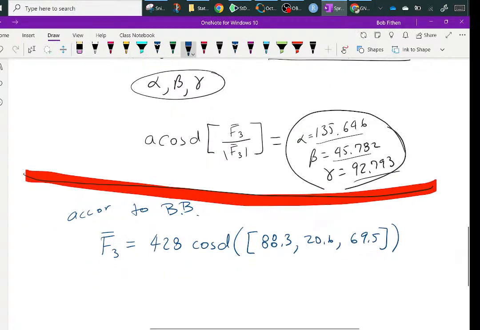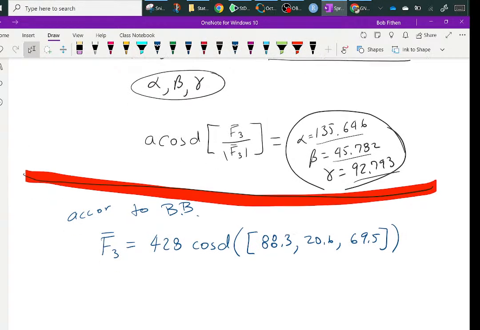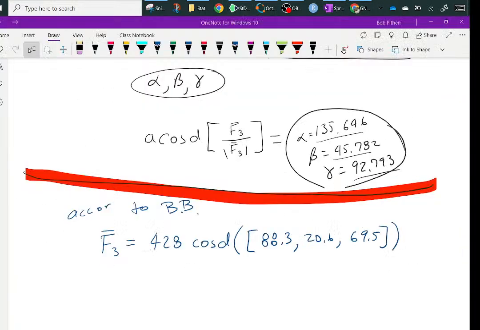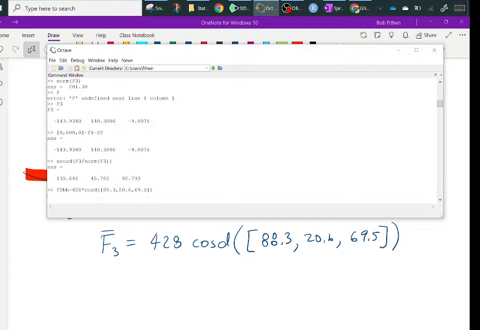So I'm just diagnosing things, trying to figure out, did I make the mistake or did he make the mistake? Now I want to go to MATLAB. So what I want to do is F3, how about BB for back of the book, equal to 428 times cosine degrees of 88.3, 20.6, and 69.5. Close, close.